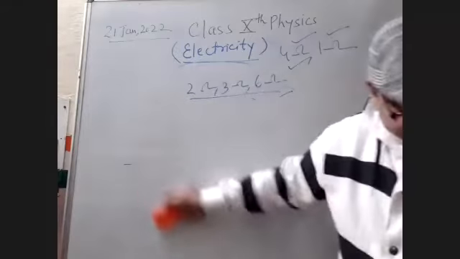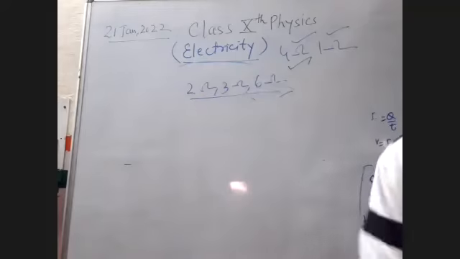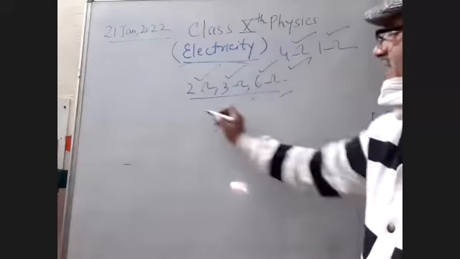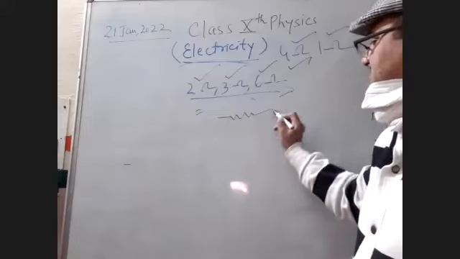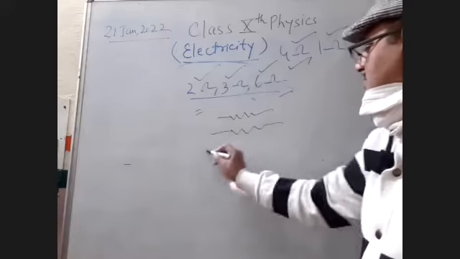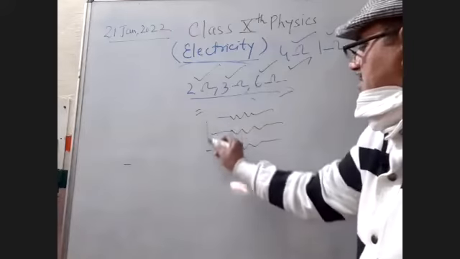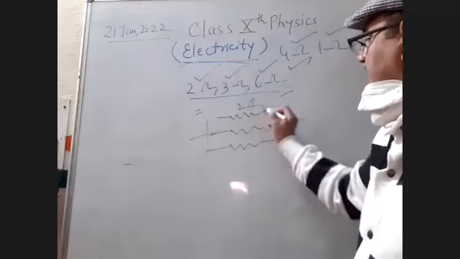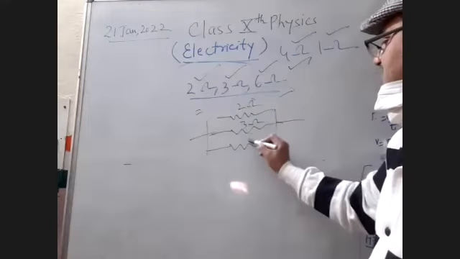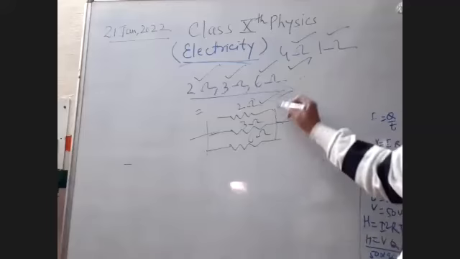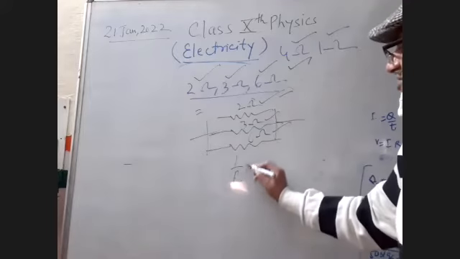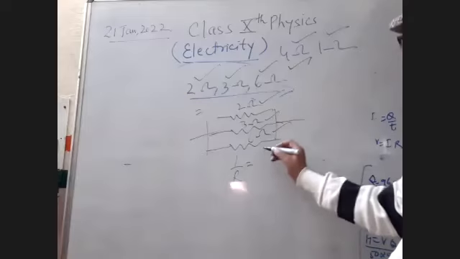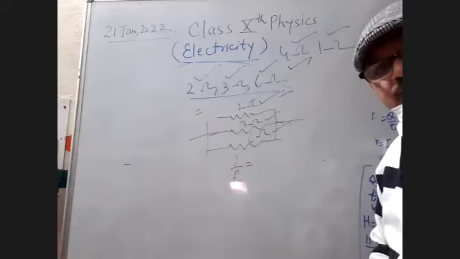Now students, our given values are 2 ohm, 3 ohm and 6 ohm. If I put all three resistances in parallel, let us see what my net resistance will be: 1/R1 plus 1/R2 plus 1/R3.